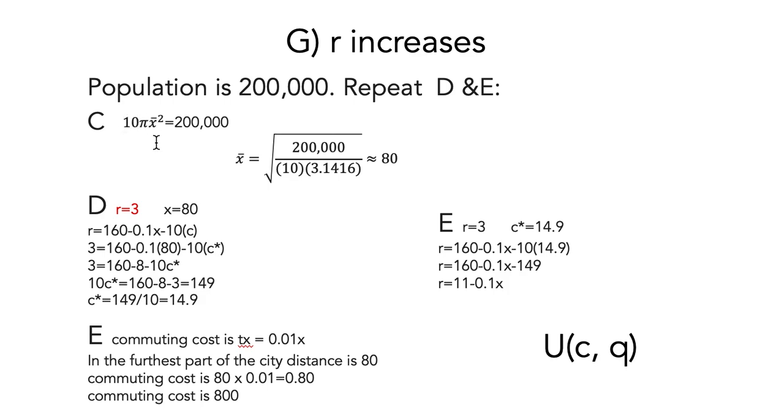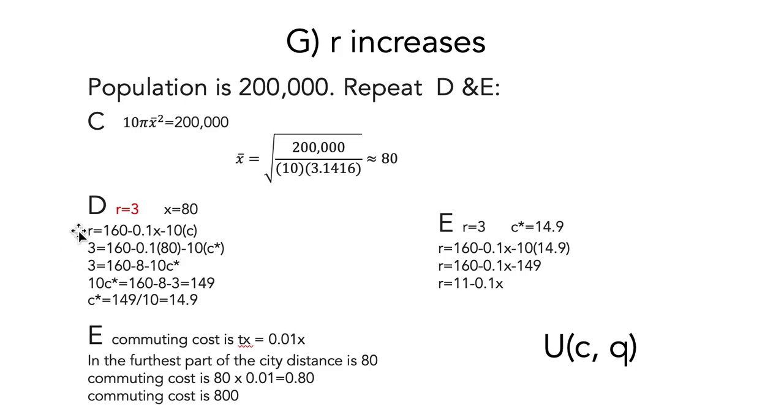We already calculated these numbers, so we're just going to use the same number. 80 is the size of the blocks that we can fit, so that we have 200,000 people with houses in this city. So we have x equals 80. And this time we have R equals 3.